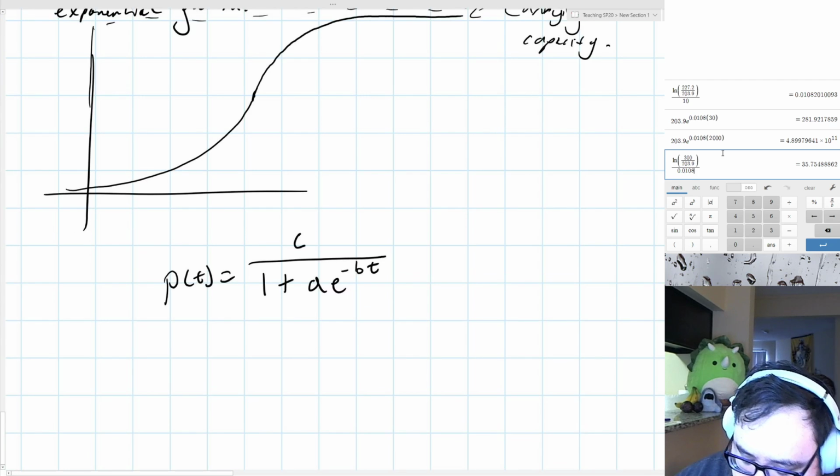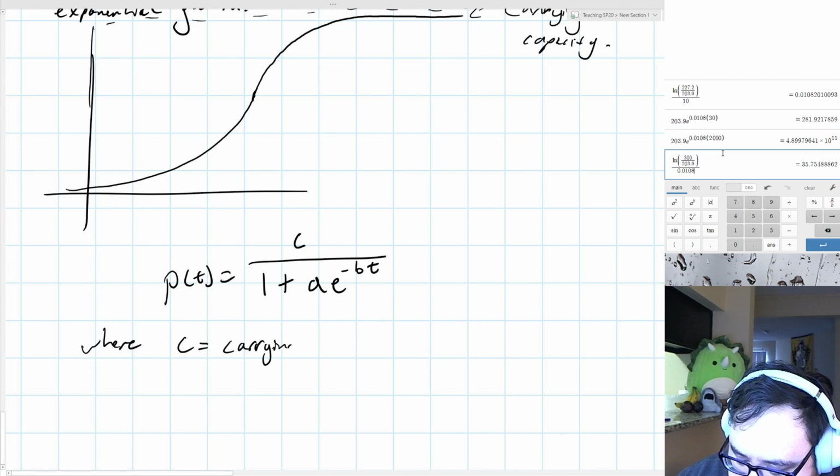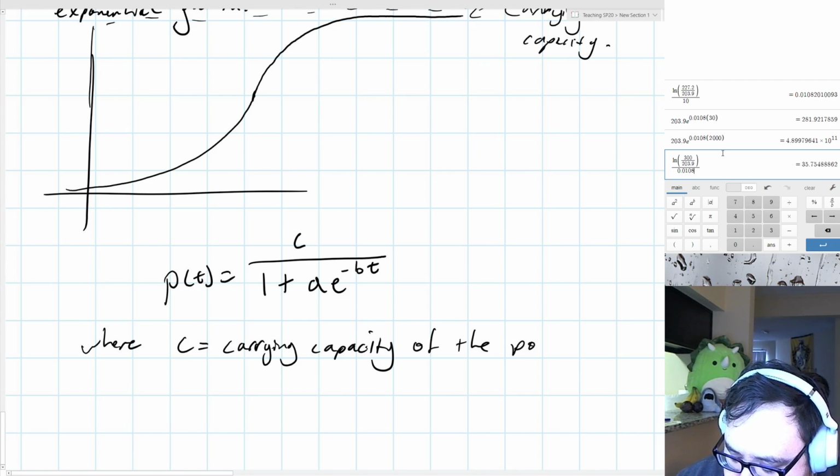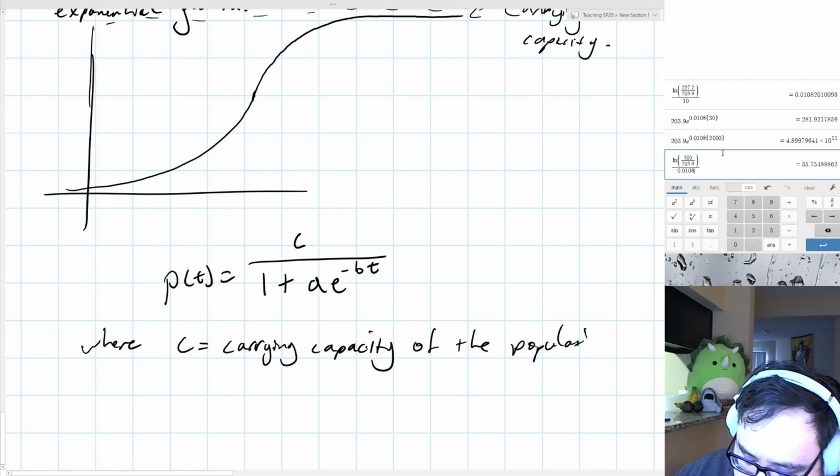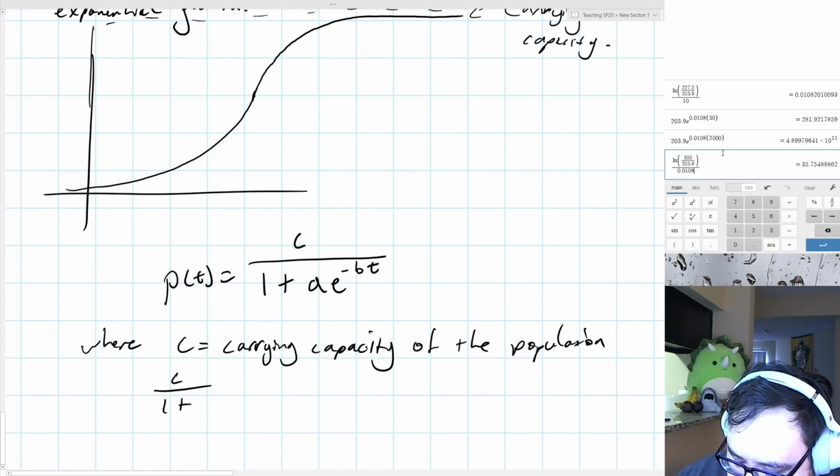Okay. Where C is equal to the carrying capacity of the population. And C over 1 plus A is equal to the initial population.